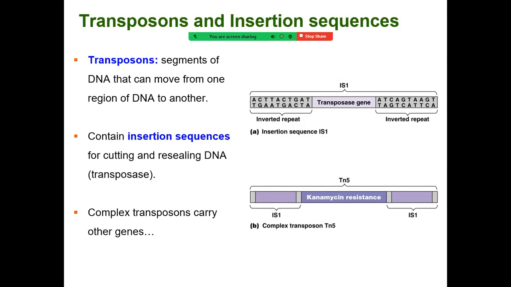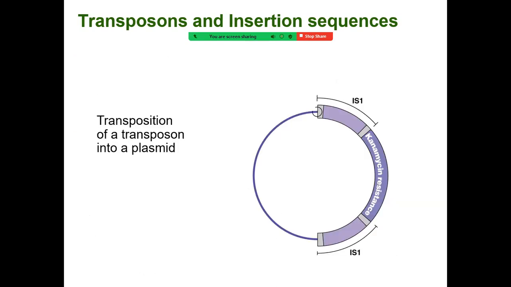Any question about transposons? And there's a transposon which is actually moved into a plasmid. And like I said, this is important because plasmids are more likely to move from one cell to another cell.